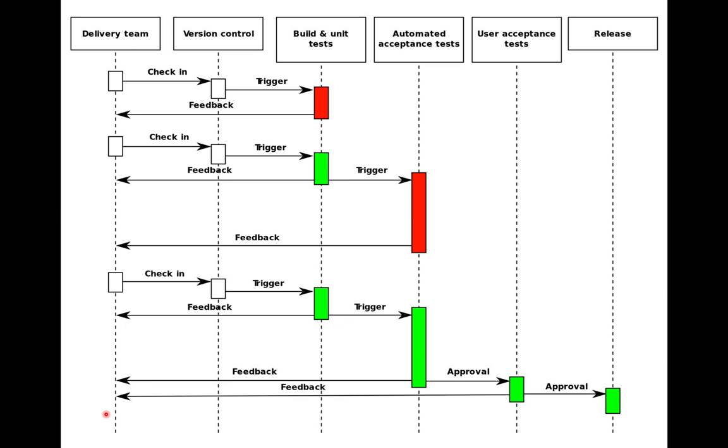Now, we trigger a pipeline when code is checked into the version control system. So code is checked into something like our GitHub repository, and that automatically triggers a pipeline to begin running on a system like Jenkins. How does GitHub trigger Jenkins? Well, GitHub can generate what is called a webhook.